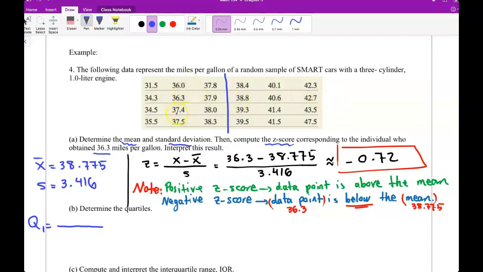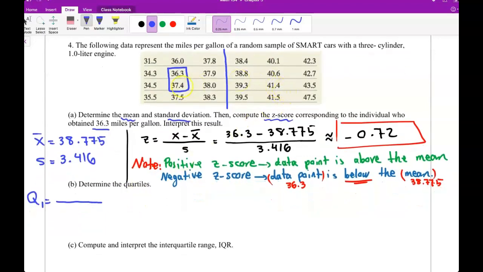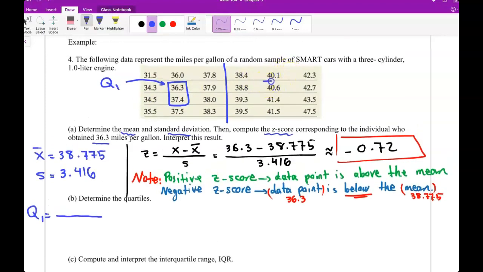And I want to find the median of this part. The median is between these two numbers. That is Q1. For Q3, the median is between these two numbers. That is Q3.